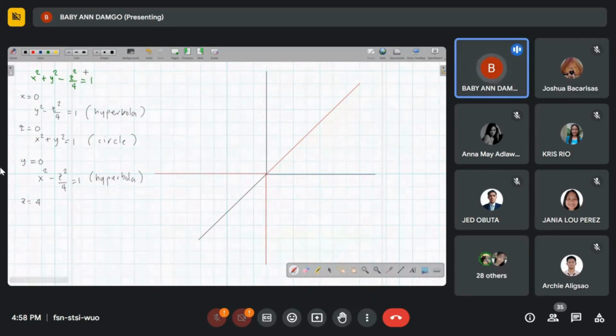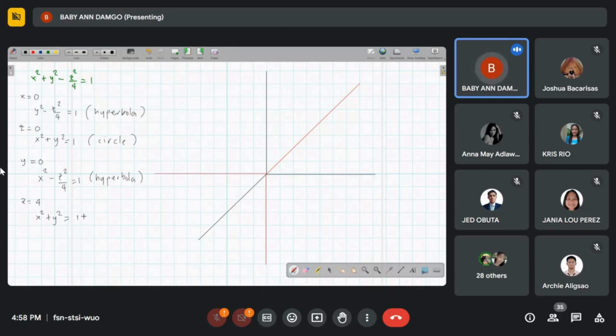Okay? So, when z is 4, so actually class, pwede dyan ta mag-substitute of any number sa kung ano, bisag dili siya 0. Basta ang atong goal ani is graph nato ang surface. Okay? So when z is 4, we have x squared plus y squared. So ato na siyang i-transpose dito ha.